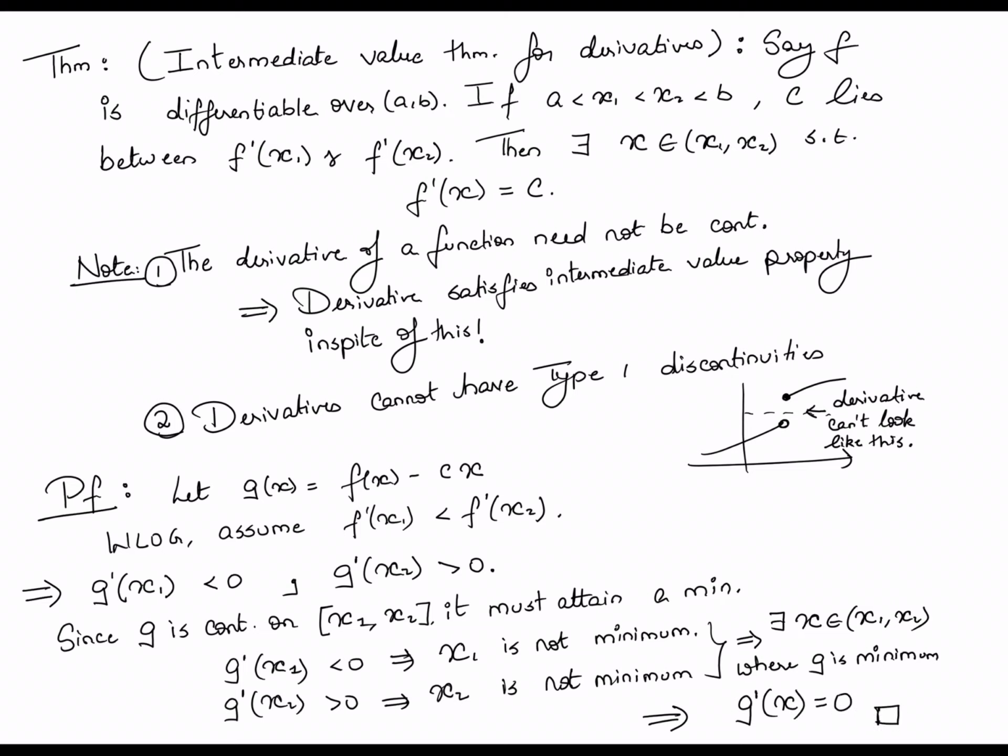And you can convince yourself that g prime x equals 0 is exactly the condition we were looking for, because at that x, if g prime is equal to 0, that would imply that f prime is equal to c. Okay, so an elementary result, this basically proves that the derivative of a function satisfies the intermediate value property.